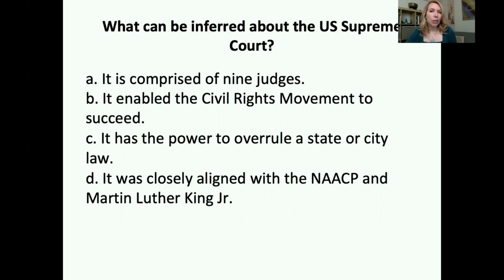Now, this is a trap that I like to call the false statement trap. But to be more specific, it's the false causality trap. Because we are giving a cause, like the US Supreme Court caused the civil rights movement to succeed, and really, we can't make that conclusion because we don't have the evidence for it.